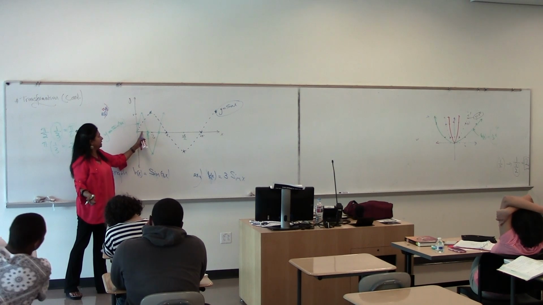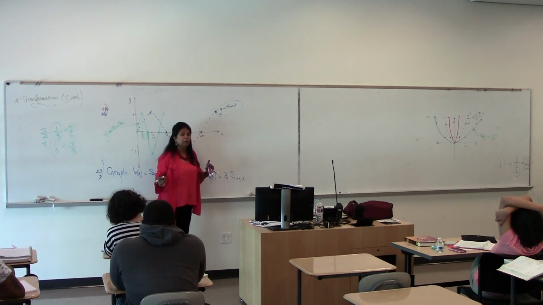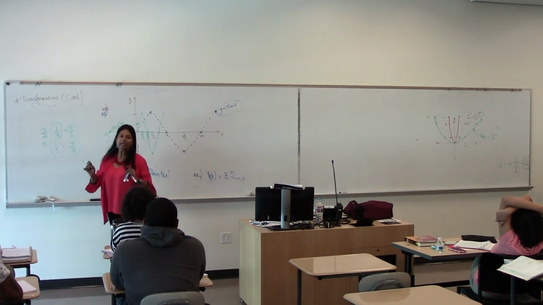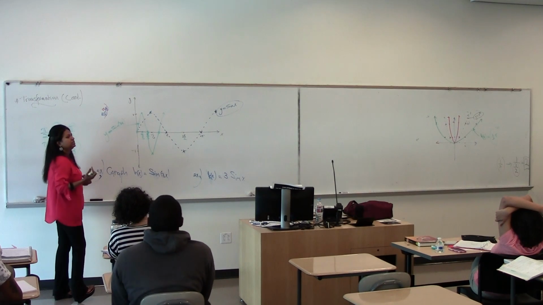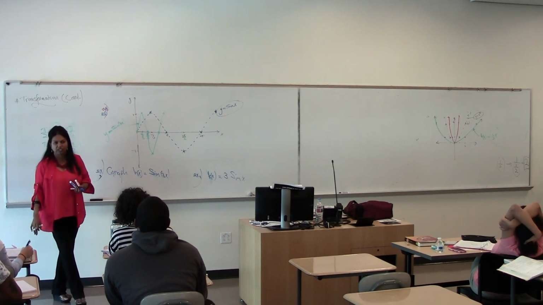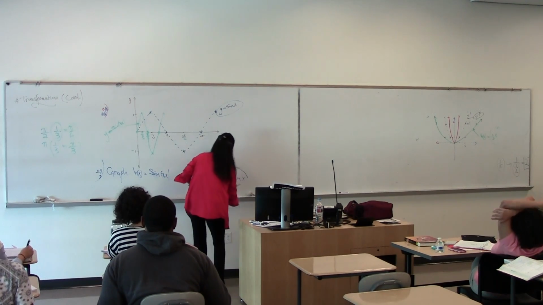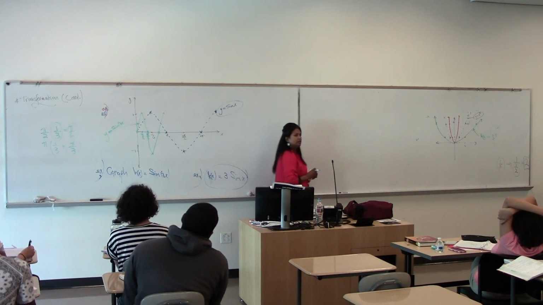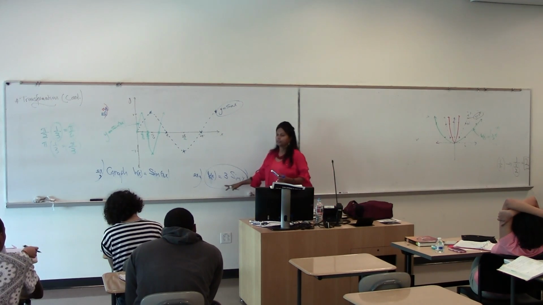Each x coordinate of all these 6 points that you're supposed to work with is multiplied by 1 over a, and we keep the same y coordinate. Very easy. Okay, let's work with this now. What do you need to do to this? Stretch it.